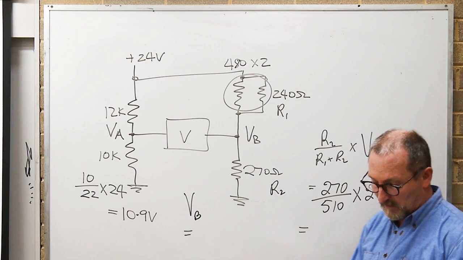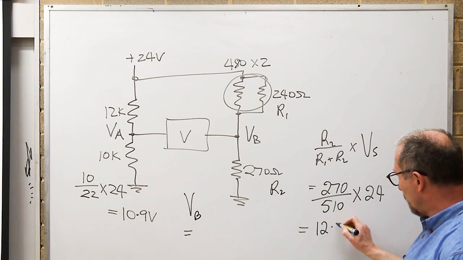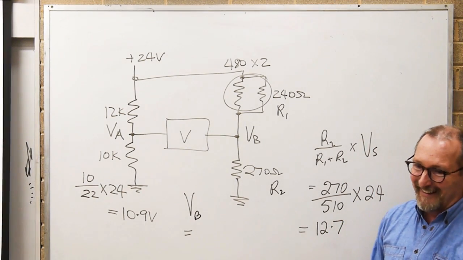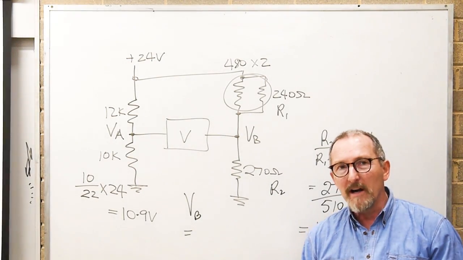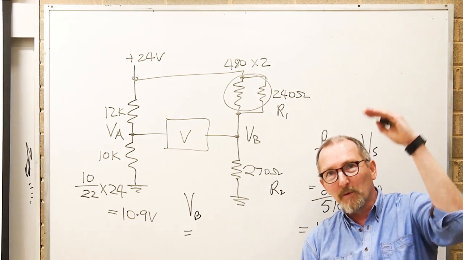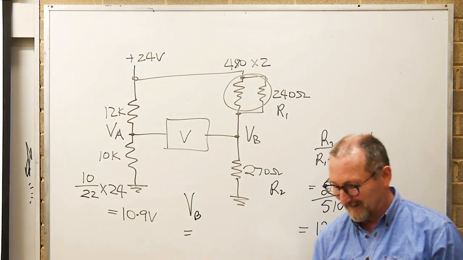And James, how much did you get? 12.7. Forget the 0.6, we don't need that. Oh, look, yeah, you're right. If an examiner had written this with answers that were all within 10 millivolts, I fully agree, you'd have no choice. You'd have to do that, yeah.